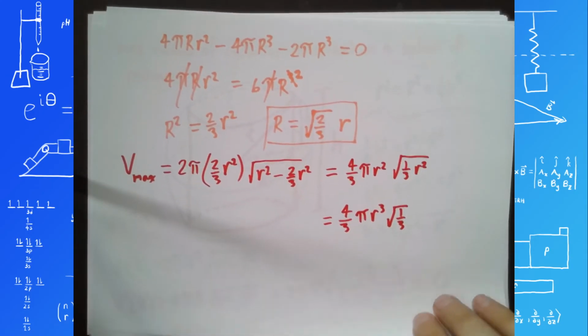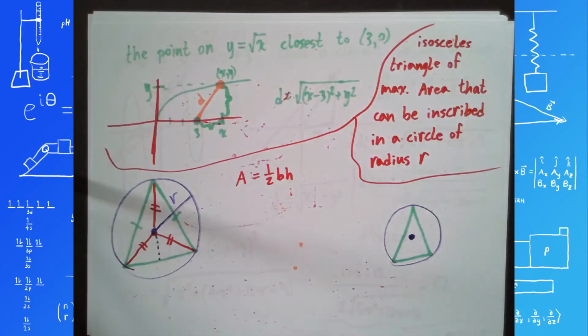I wonder if anything I've learned from this can help me with that isosceles problem. Well, one thing I didn't even try with the isosceles problem is identify my own variable. So let's go ahead and try that.